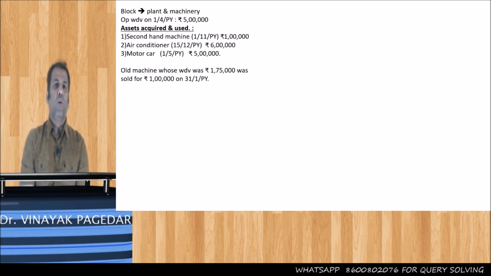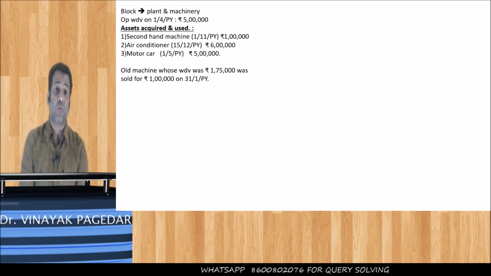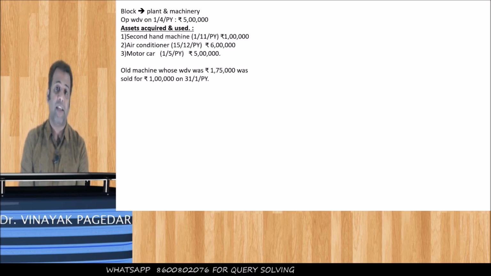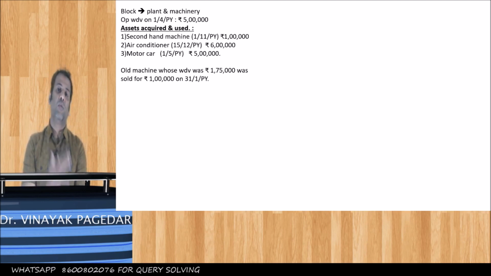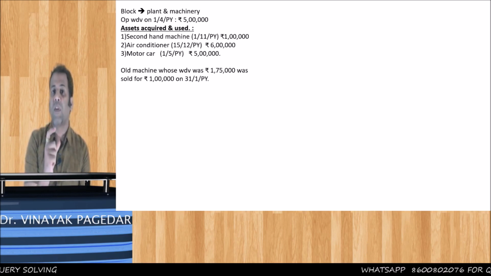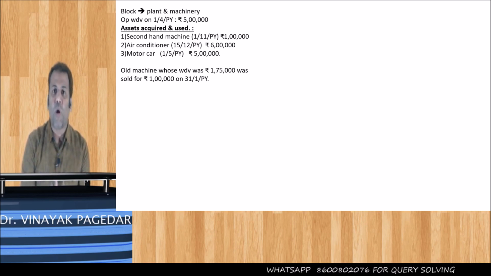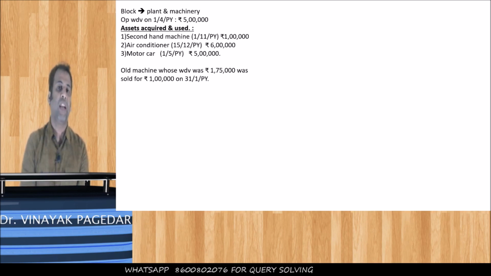In the example, an old machine in the block whose WDV was 1,75,000 was sold for 1 lakh on 31st January 2020. 31st January of the PY, you sold an old machine. Now, in accounting terms, what you do in accounts is you calculate the profit on sale of such an asset. My dear friends, we are dealing in a block of asset system and therefore we do not give importance to the profit or loss on the individual asset.